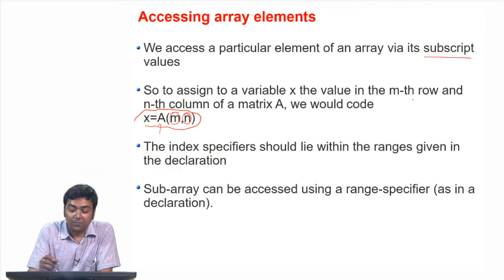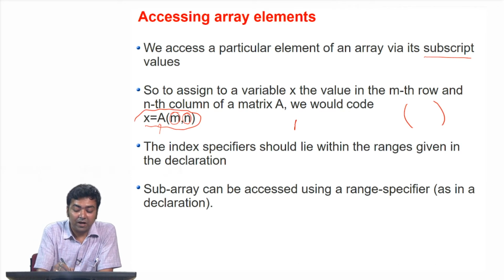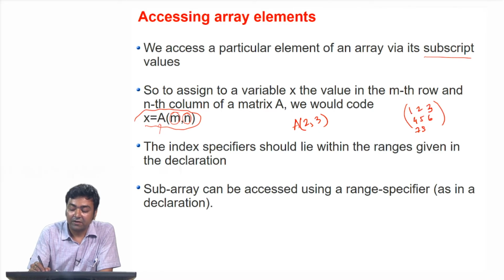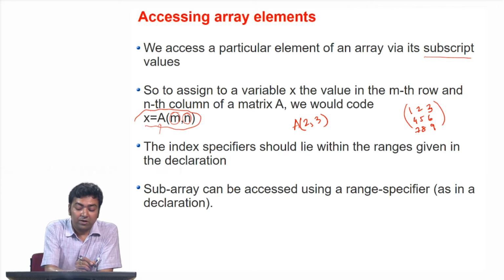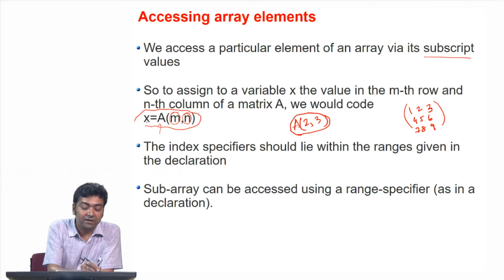Suppose I have a 3 cross 3 matrix and I write A(2,3). I have a 3 cross 3 matrix containing, say, 1, 2, 3, 4, 5, 6, 7, 8, 9 as elements, and now I want to pick up this particular element and assign it to this variable x.